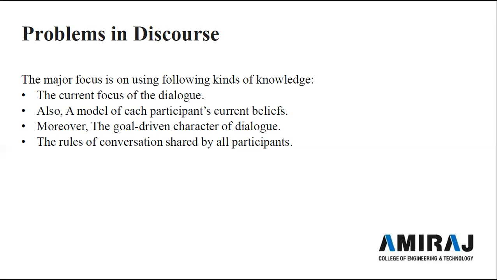The rules of conversation shared by all participants. So there must be some rules that should be followed by all the participants who are participating in this conversation. To make it simpler, we can make one rule that no one will taunt anyone. Why? Because there are many people who don't understand this taunting language.